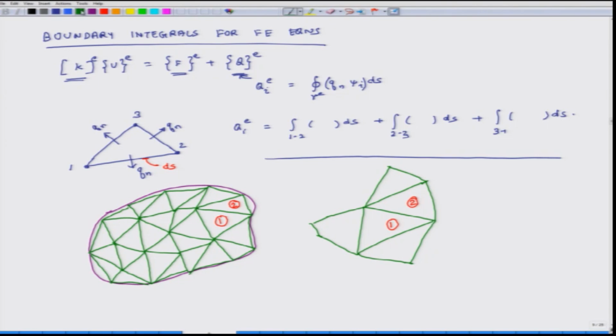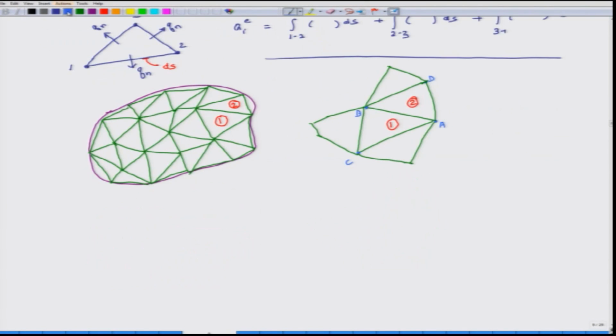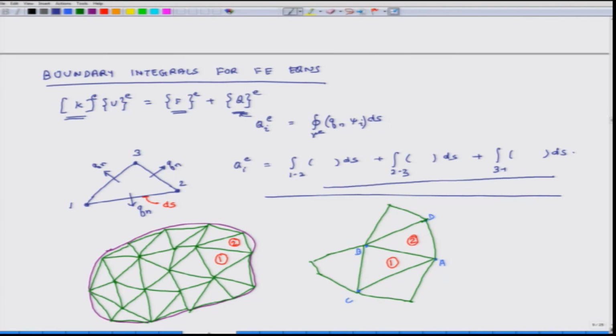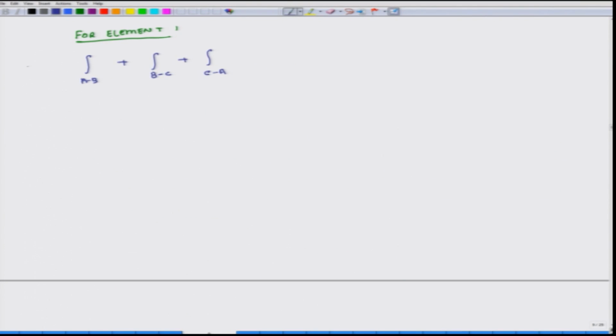If I have to calculate Q for element 1, let us label these nodes A, B, C, D. The boundary terms for element 1 will be A to B plus B to C plus C to A. These will be the three boundary terms using this expression here, and Qi will be this.